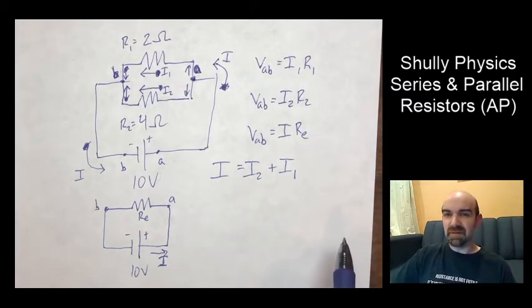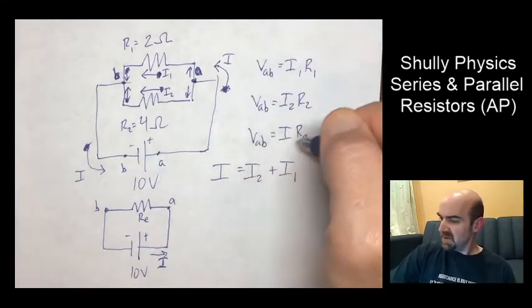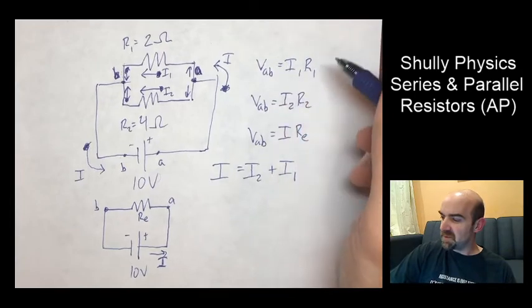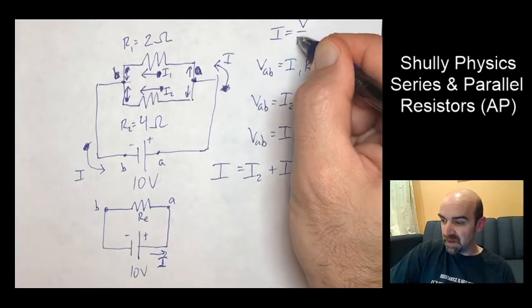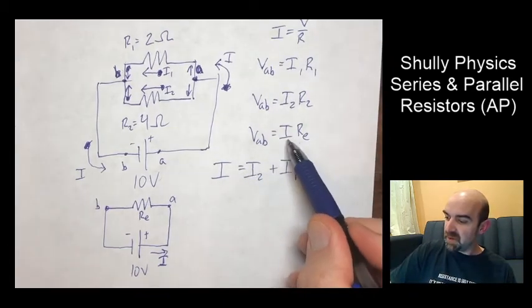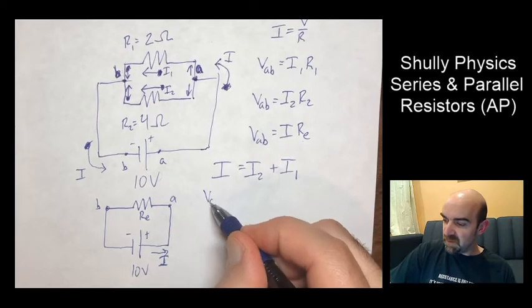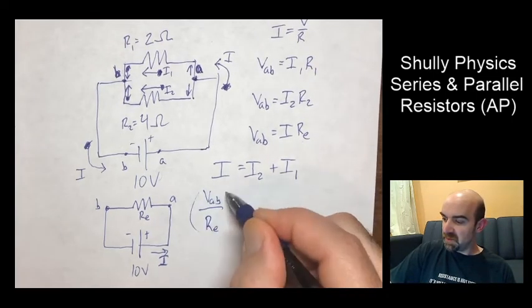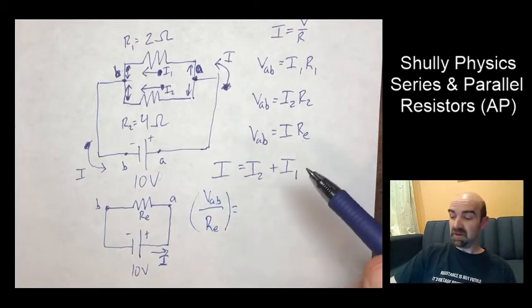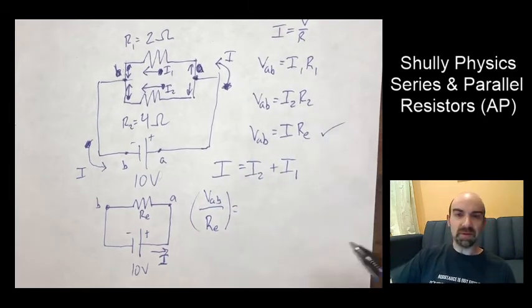All right. So I have all these V equals IR values. If we solve each one for I, just in general, I would be V divided by R. So I for the equivalent resistance would be VAB divided by RE. So I am substituting VAB over RE for I from this expression there.